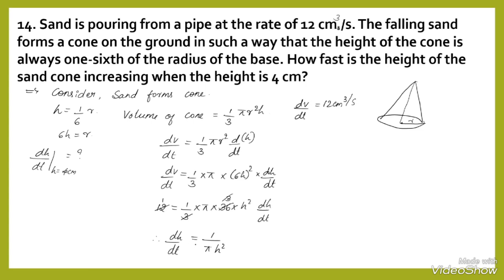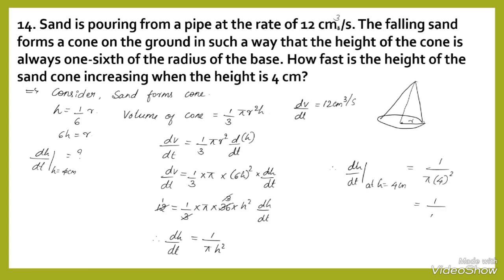I can substitute here dh by dt at height equal to 4 centimeter. Now 1 divided by pi into what is h? 4 square.